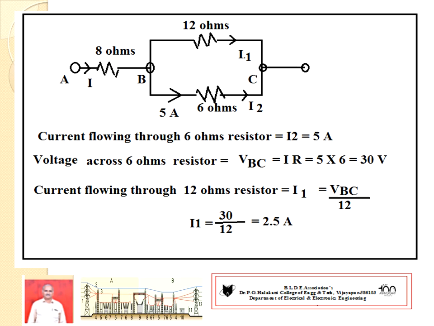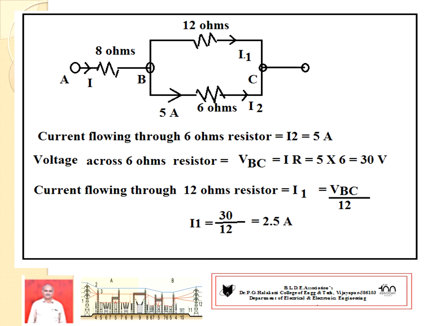Once current is available and resistance value is available, by applying Ohm's law it is possible to calculate the voltage drop across the 6 ohms resistor. So you calculate I into R, 5 into 6. So how much are you getting? 30 volts. So this 30 volts remains the same across 12 ohms because these two resistances are connected in parallel. Understand the problem.